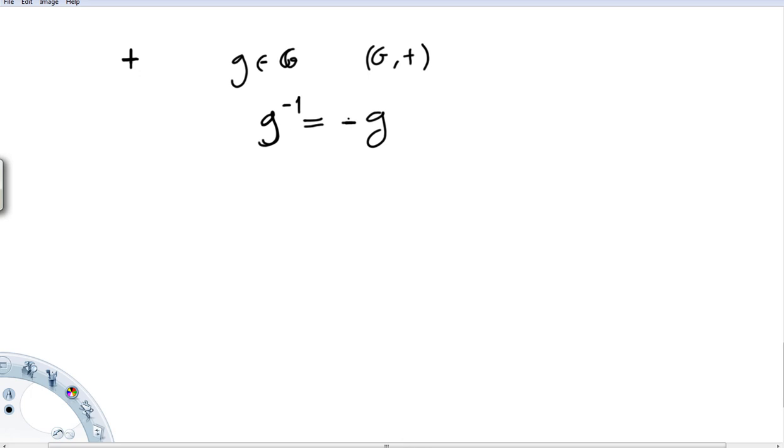So this means inverse. It doesn't mean subtraction, it means inverse.